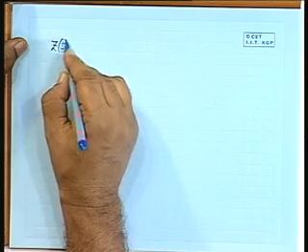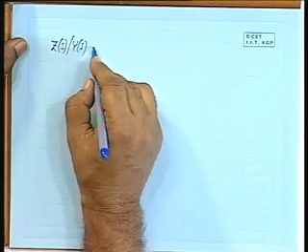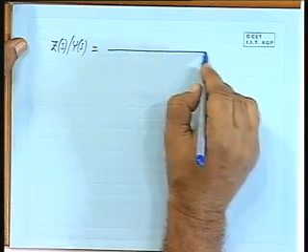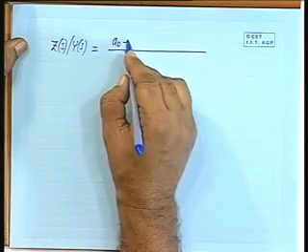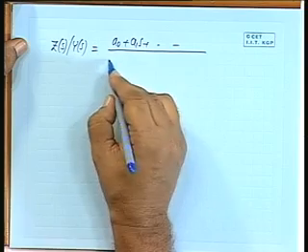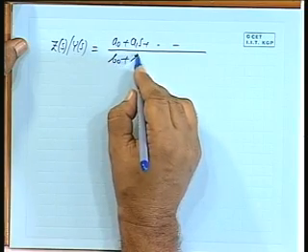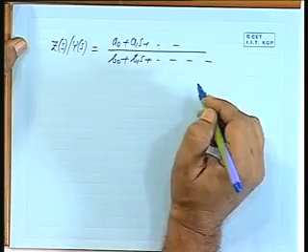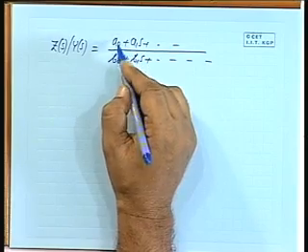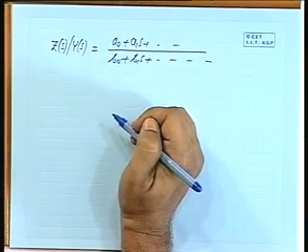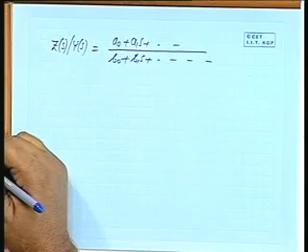Another point I just forgot, ZS or YS, if it is written like this, A0 plus A1S and so on, B0 plus B1S, can the last term be absent? Say either A0 or B0, is it possible?